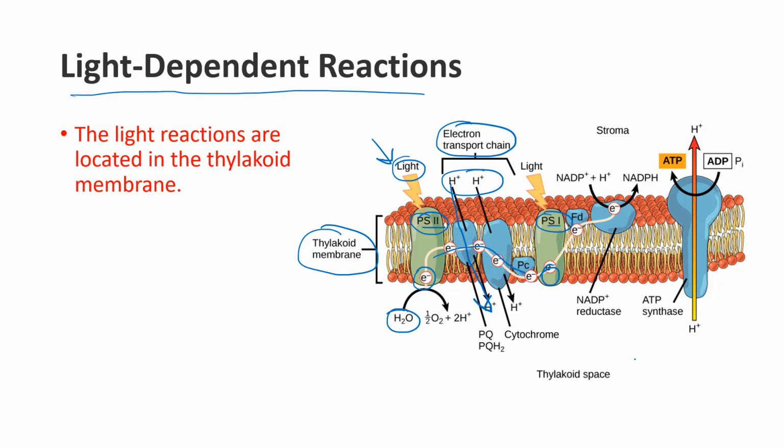So that potential energy is then converted to kinetic energy and used to make ATP as the protons fall down the concentration gradient through ATP synthase, producing ATP.